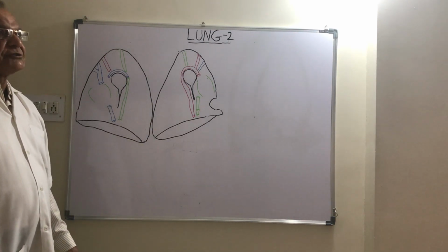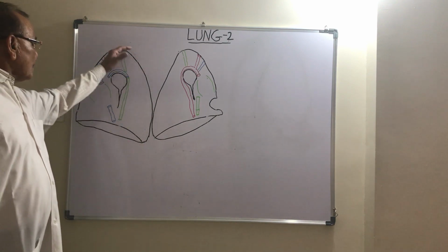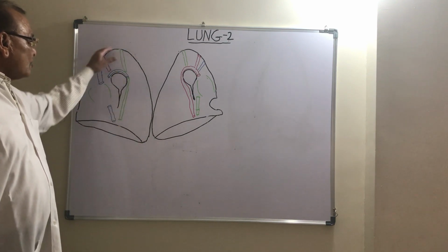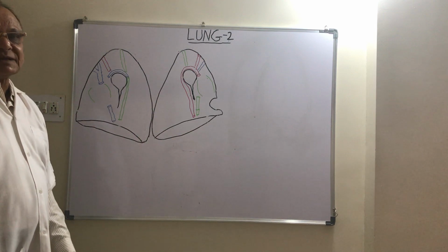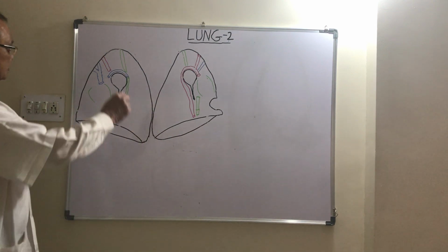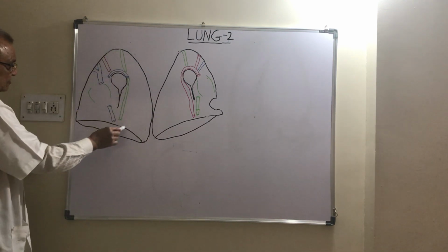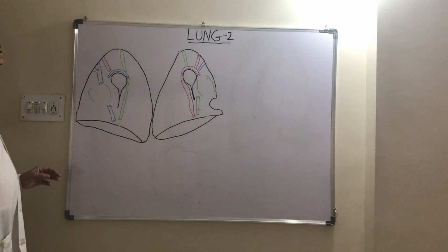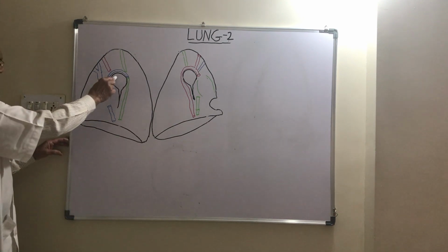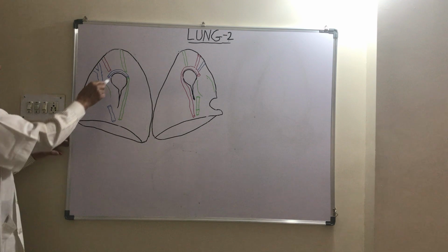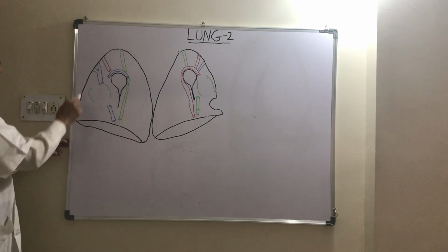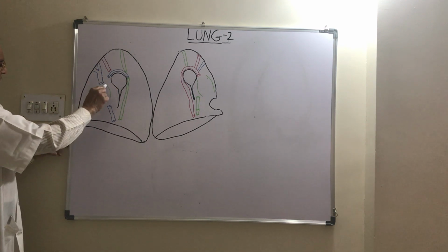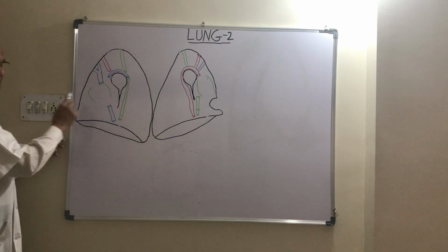First, the relation of the mediastinal area of the right lung. See, this is the mediastinal area of the right lung. Now, below and in front of the hilus, because this is the anterior border, there is a large depression.